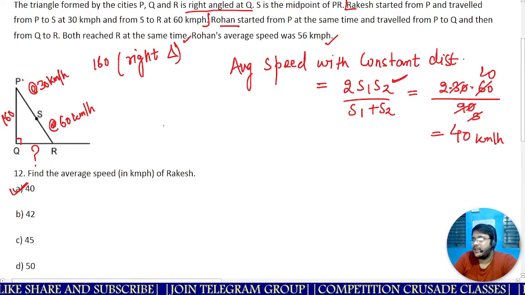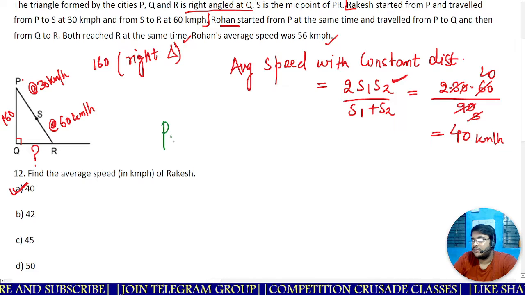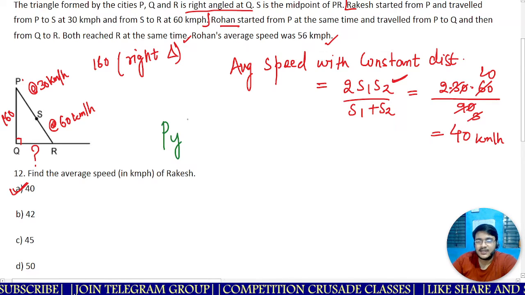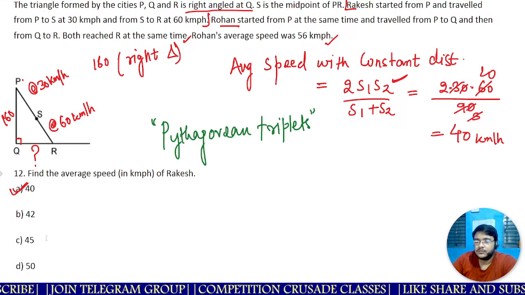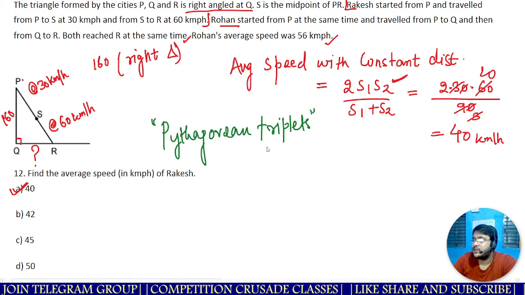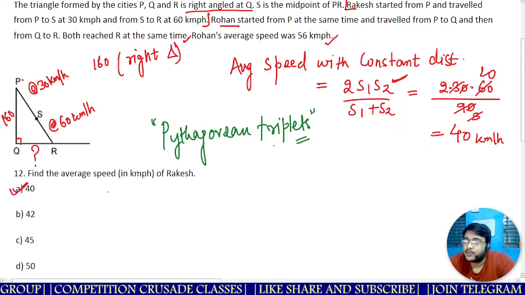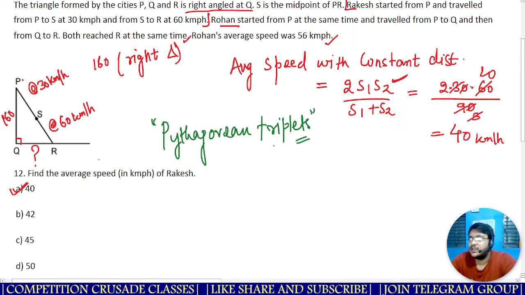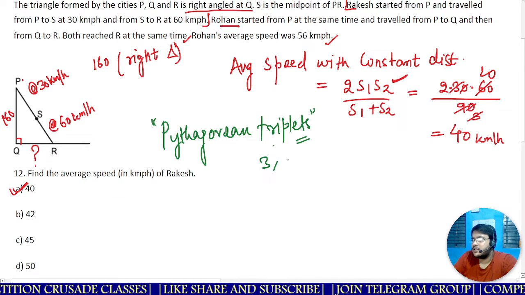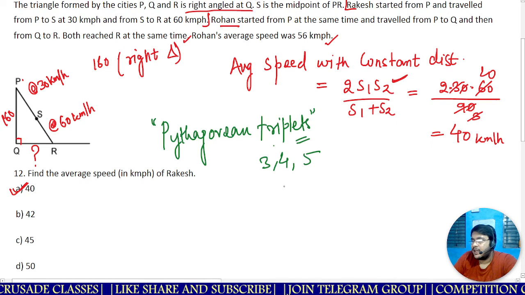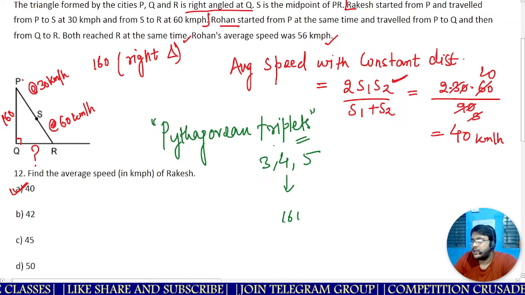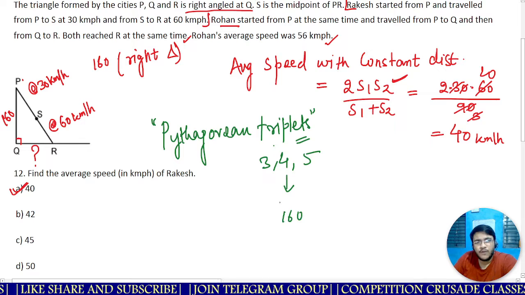I hope you guys are aware of Pythagorean triplets, and the moment I see 160, I know there is a triplet 3 4 5. This 4 corresponds to 160, which is 4 times 40.